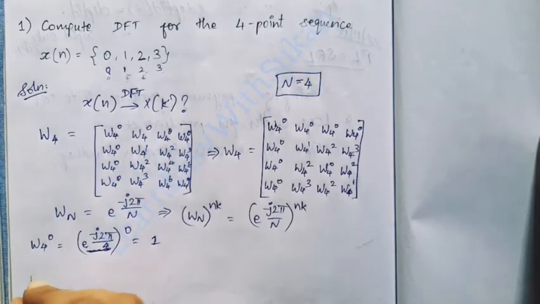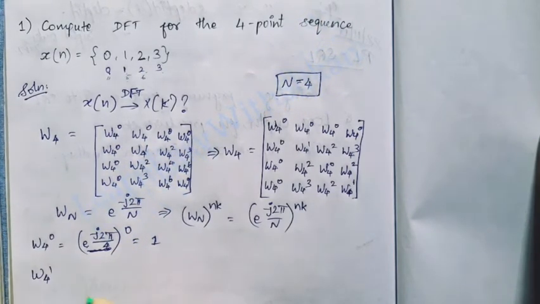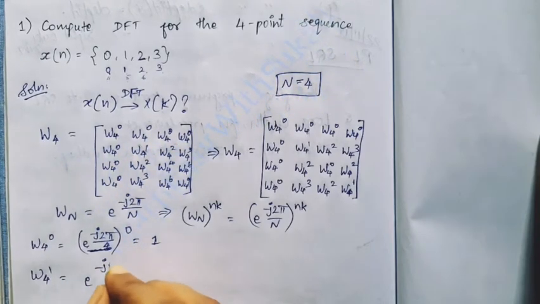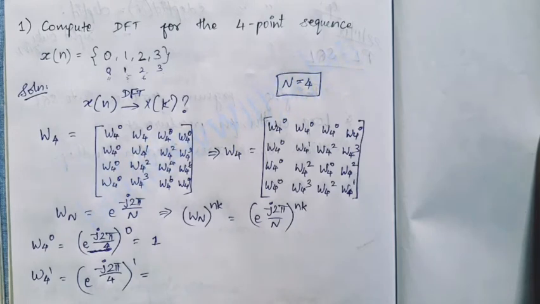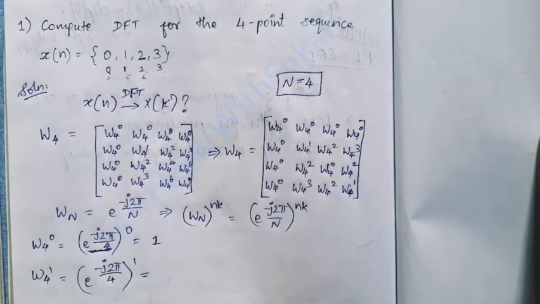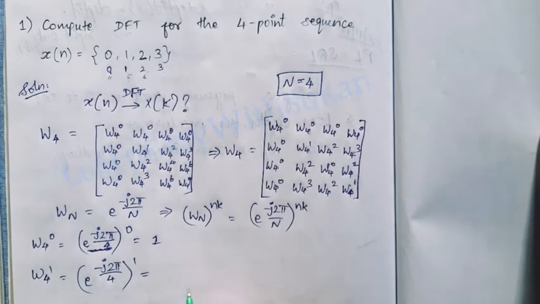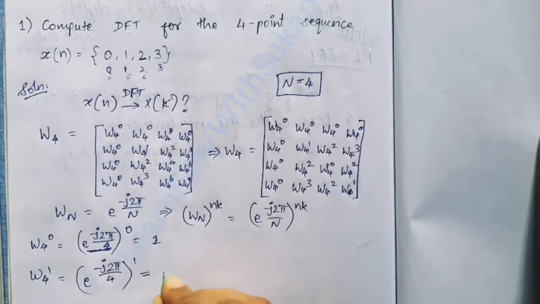Next, W4 power 1, which is equal to e power minus j 2 pi by 4, the whole power 1. We all know that e power theta is cos theta plus j sin theta. The same concept is here. What will it be given as?